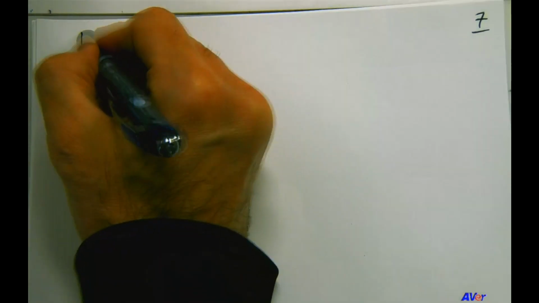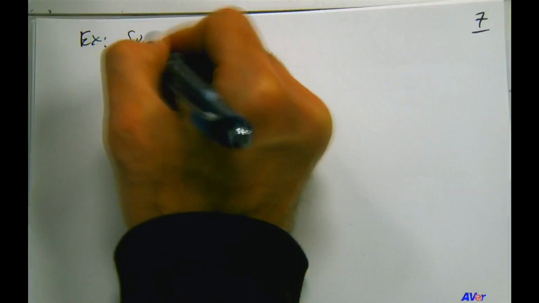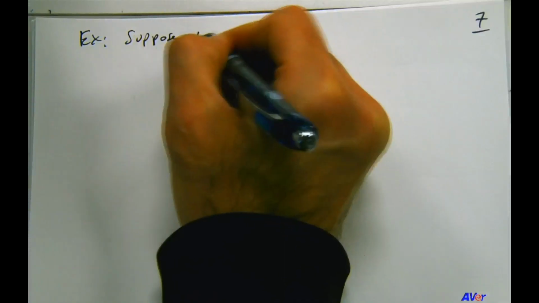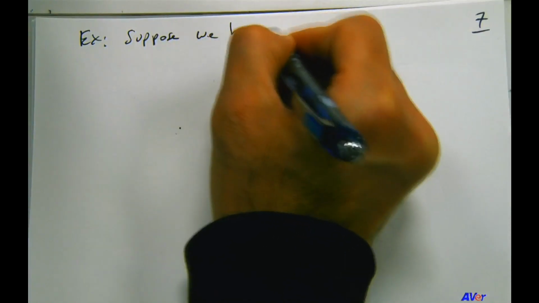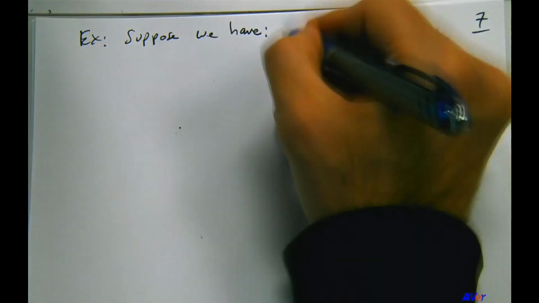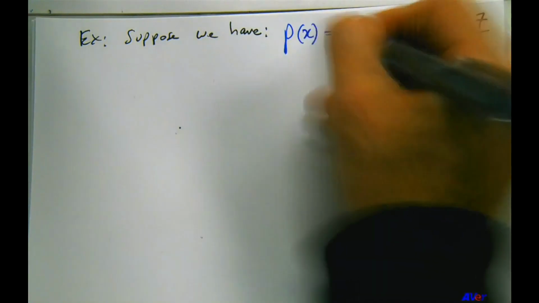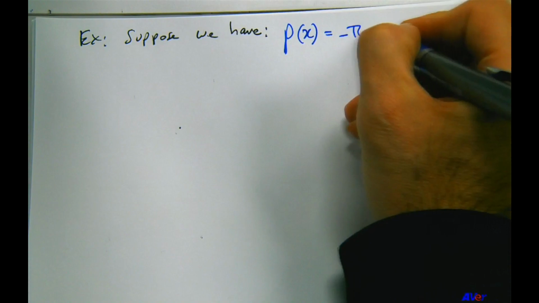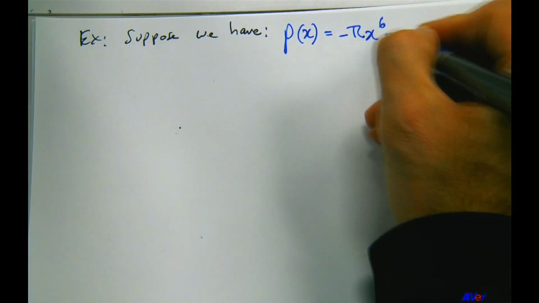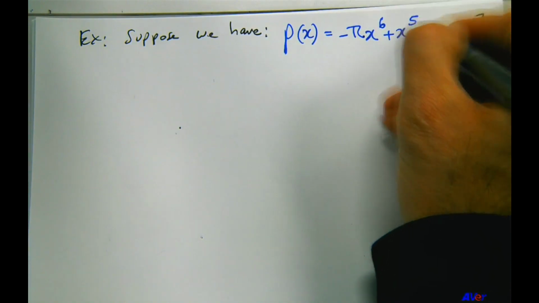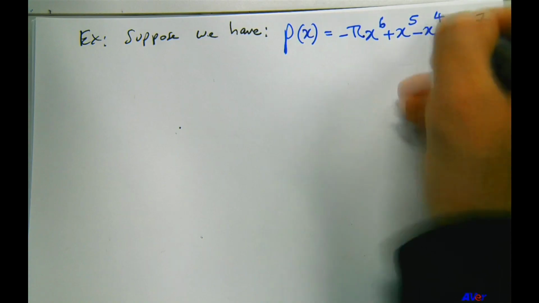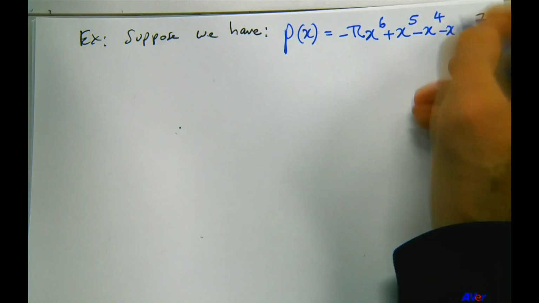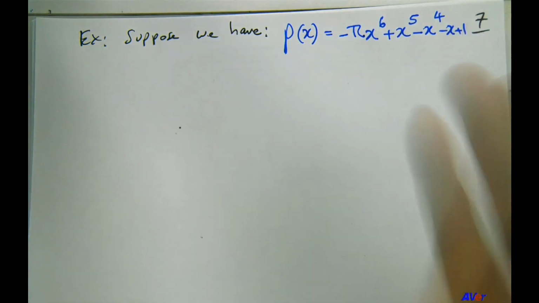Suppose we have, here's another example. Suppose we have P of x equals minus pi x to the 6th plus x to the 5th minus x to the 4th minus x plus 1, right?